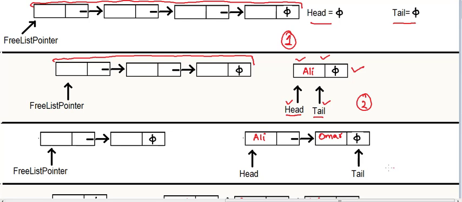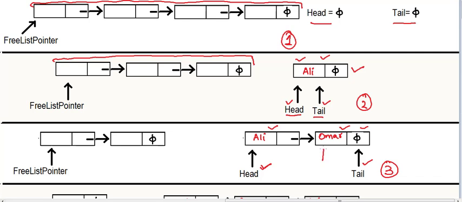Situation number 3. Another person joins the queue and the second person is Umar, right? And Umar joins our active line at the end of the queue. So Ali is still at the head of the queue and Umar is at the end of the queue, and obviously the head of the queue is marked by the head pointer and the last node in our queue is marked by the tail pointer.